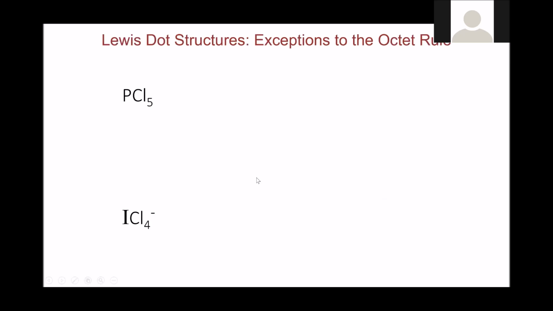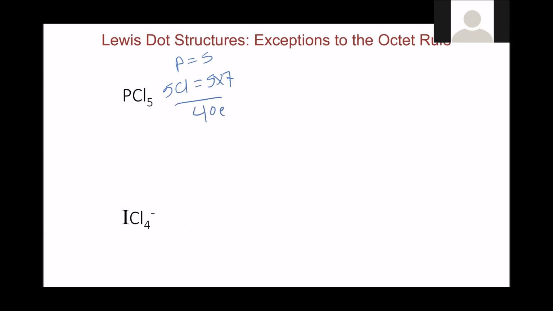Something like that compound here, PCl5. Let's draw the Lewis structures together. So phosphorus has 5. 5 chlorines will have 5 times 7. So that's a total of 40 electrons.